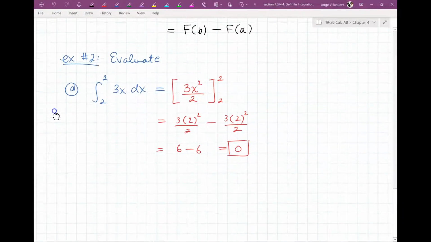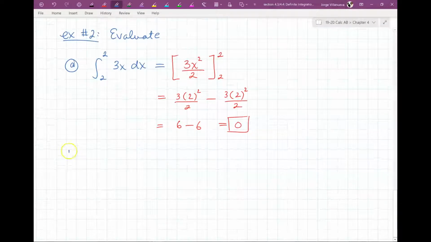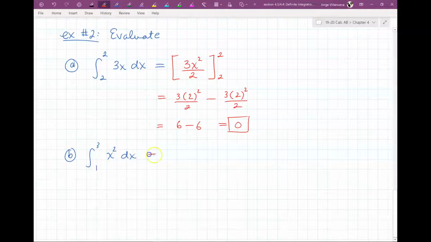Now, part B. We're going to integrate from 1 to 3 of x squared dx. So what's the integral of x squared? All right, x cubed over what? 3. Okay, I thought I heard someone say 2.